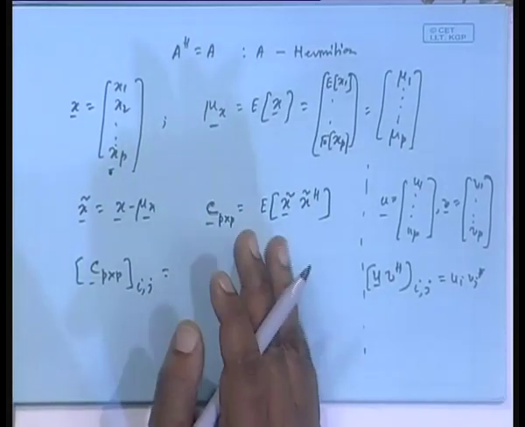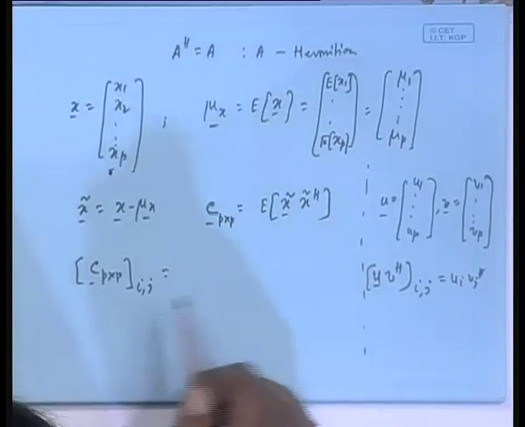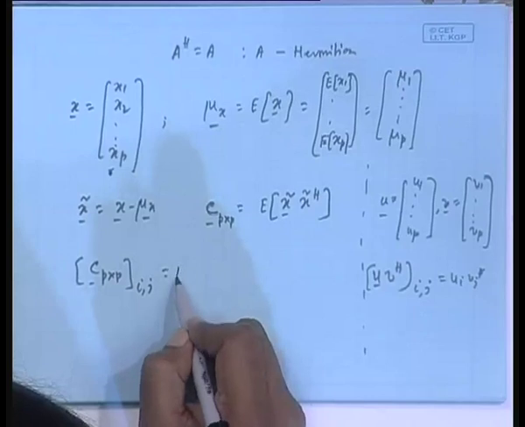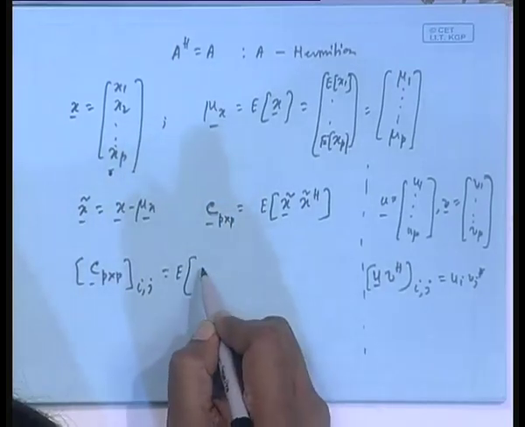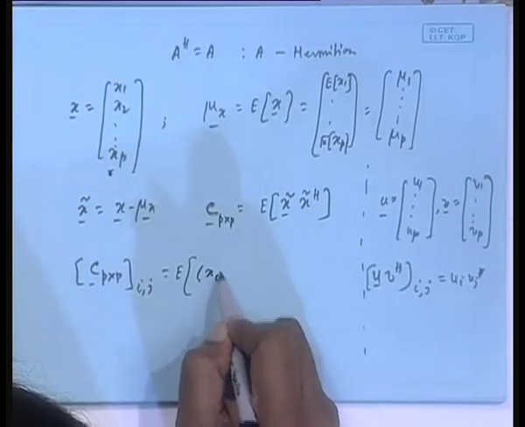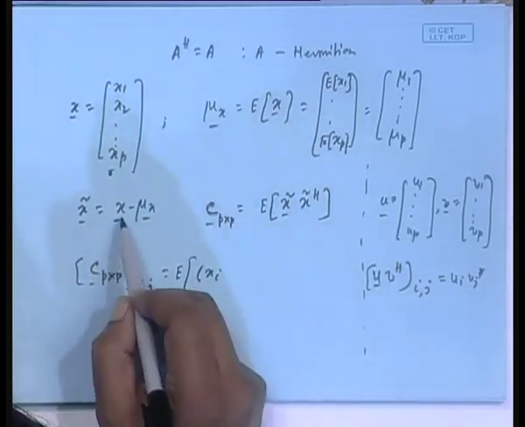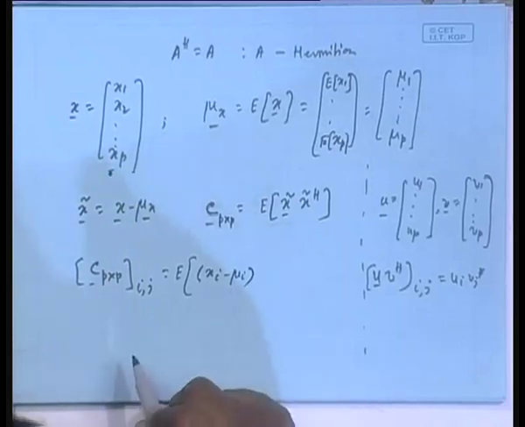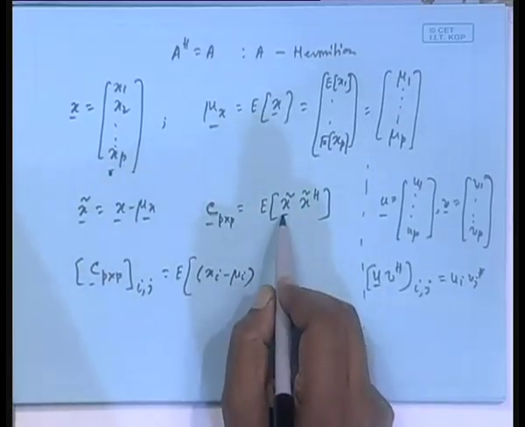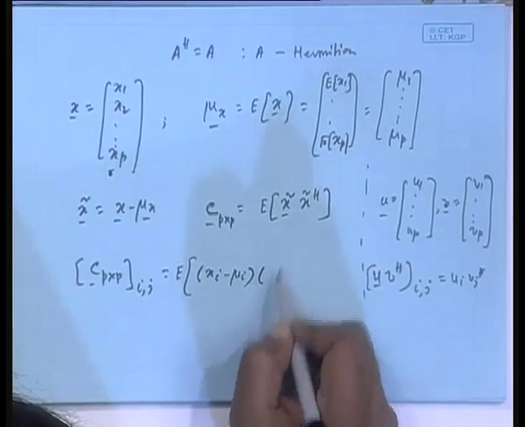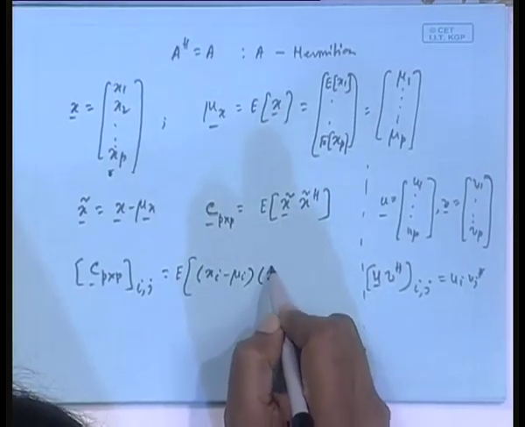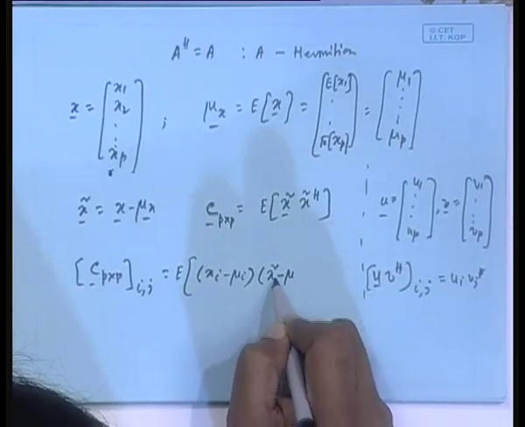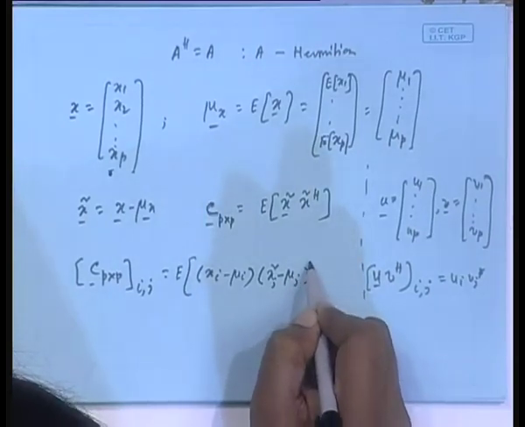Of course, i and j remain within 1 to p. This is simply the ith element of x tilde and the jth element conjugated, with expectation, isn't it? So what is the x tilde vector? If it is a component, xi minus mu i is the ith component here, and the jth component is xj minus mu j star.